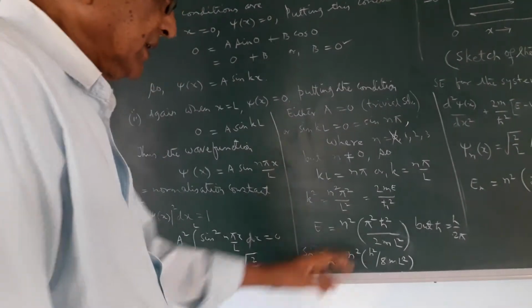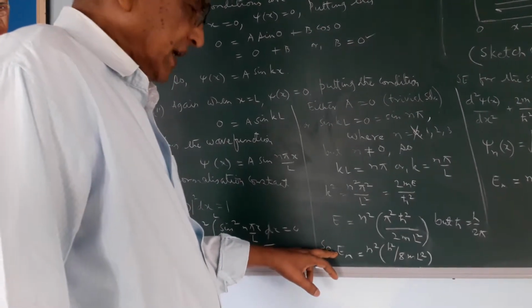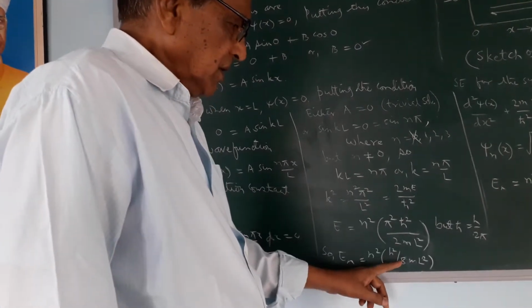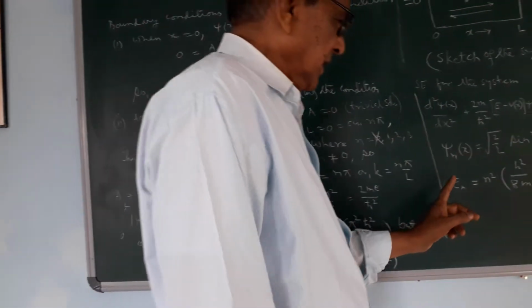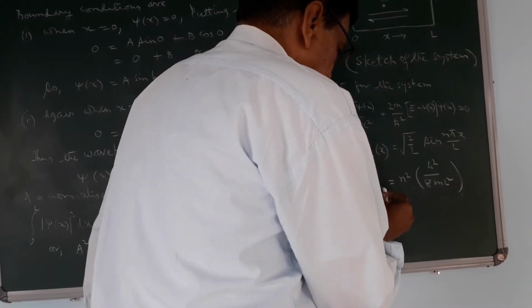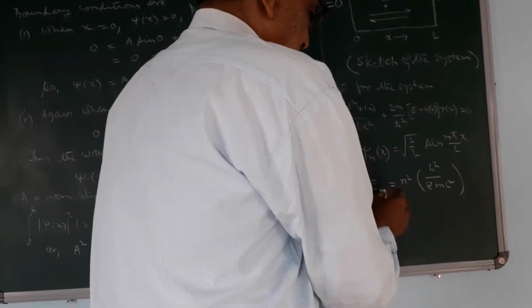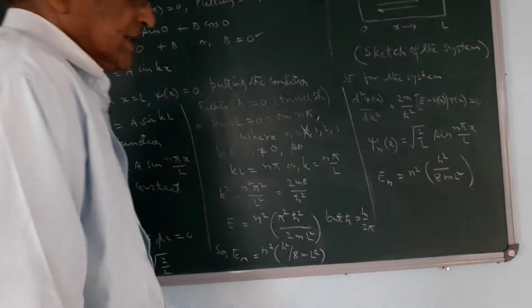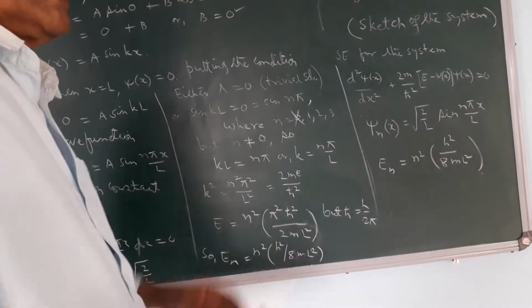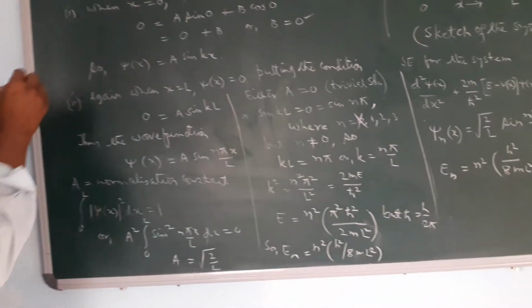Whenever it is written, this pi square will cancel, and then En, the energy for the nth state, equals n square h square by 8mL square. This is the wave function and this is the energy value, and this n defines the state of this system, and the minimum value of n equal to 1.